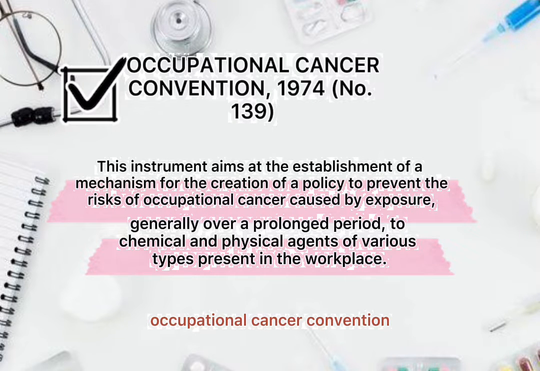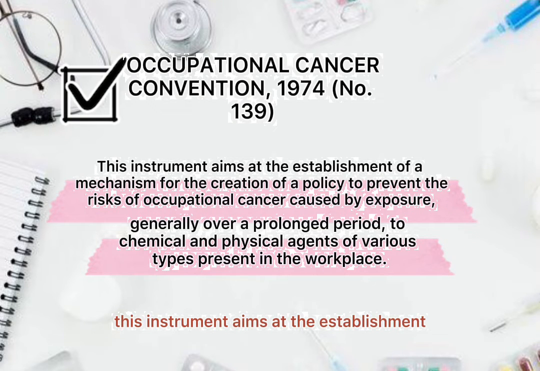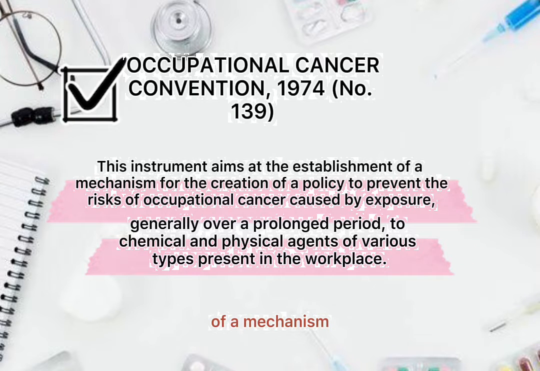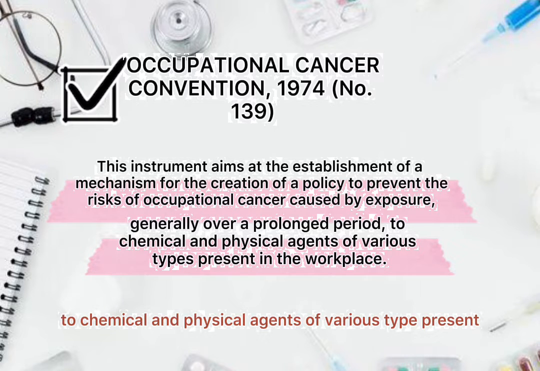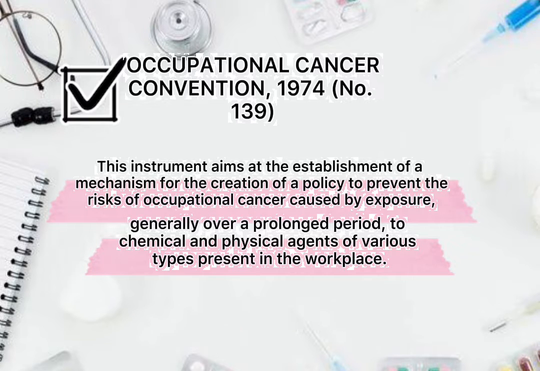Occupational Cancer Convention. This instrument aims at the establishment of a mechanism for the creation of a policy to prevent the risk of occupational cancer caused by exposure, generally over a prolonged period, to chemical and physical agents of various types present in the workplace.